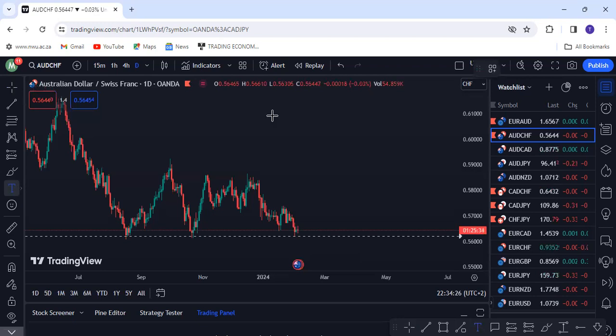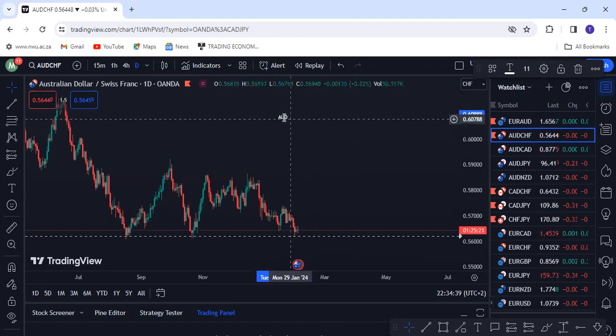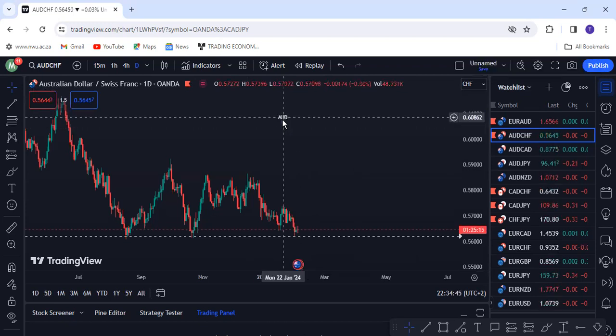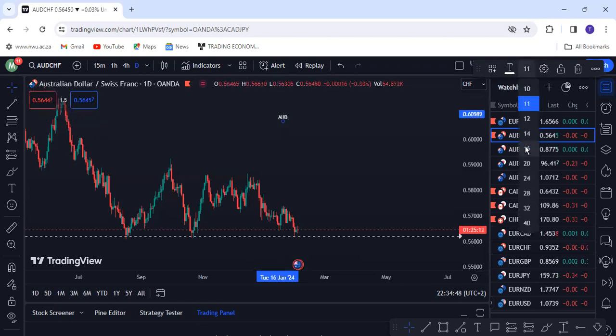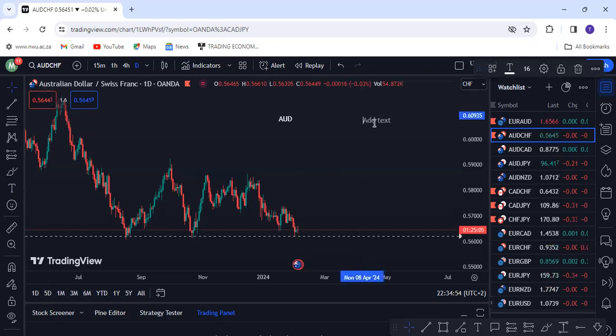Let's do this so that we can have a visual representation of what we are saying. So we've got the AUD, and this font is very small, so let's make it 15, 16. We've got the AUD, and then we obviously have the Swiss franc, which is CHF.